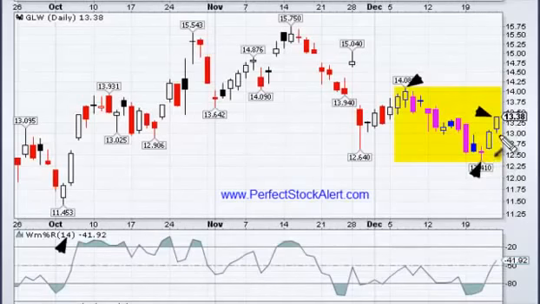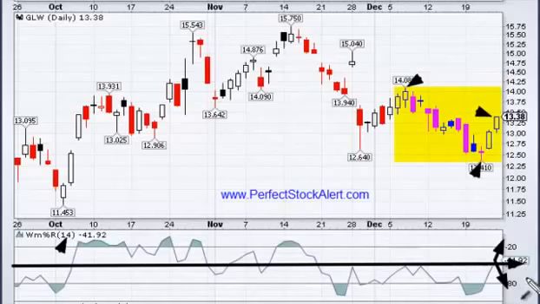If the close of this period was at the bottom of this particular range, then your Williams %R would be at the bottom below the -80 line. If it's at the top up here, then it would be up here above the -20 line. But because we're at about the center, it's just above the -50 line, or the center line right here. Okay, so that's where they're getting that line.